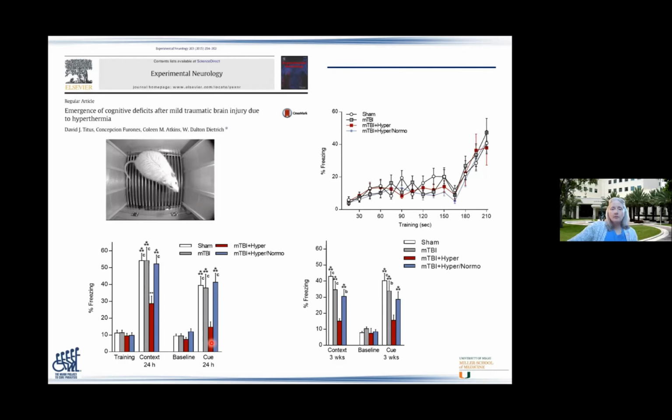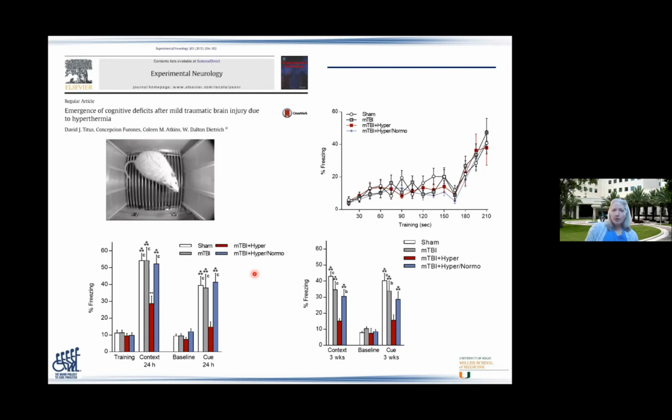Normally, if your cognition is intact, you would freeze when presented with the cue because it was associated with an electric shock. Interestingly, when these animals with hyperthermia were brought back down to normothermia, they did not have a cognitive deficit to the cue. So bringing an animal back down to normothermic level after a fever, after hyperthermia, seemed to improve cognition.